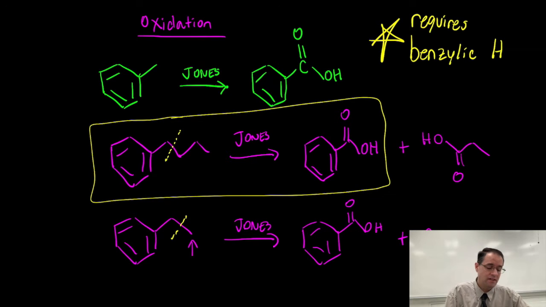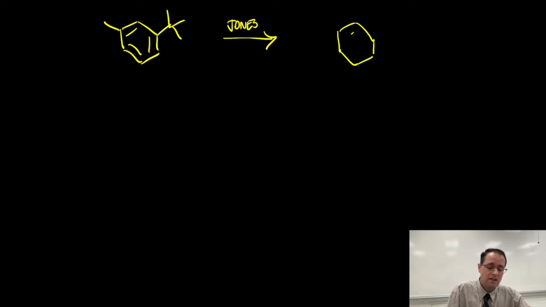All right, and I'll draw that in here. I'll just draw one of the H's here, one of the H's here, and one of the H's here, okay? So don't memorize just the fact that you have a carbon there and that's what's changing. So if we have something like this, and we treat this with a Jones reagent, we will form the benzoic acid on the left position because we have benzylic hydrogens on that carbon, but the tert-butyl group does not have any benzylic hydrogens, so it remains unreacted, okay?